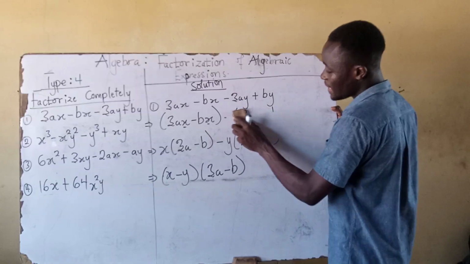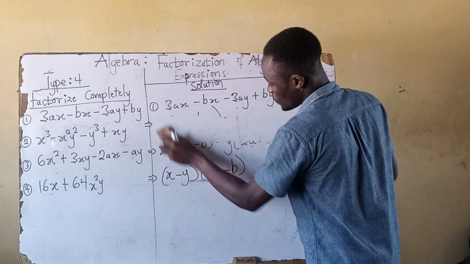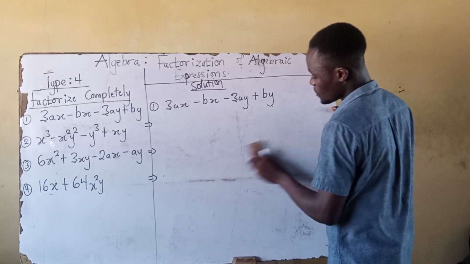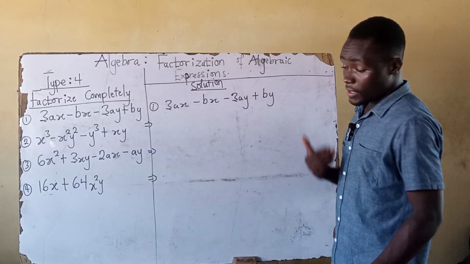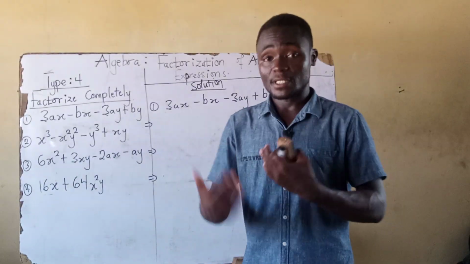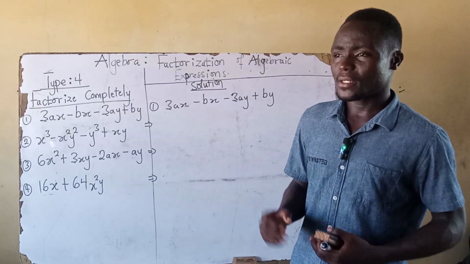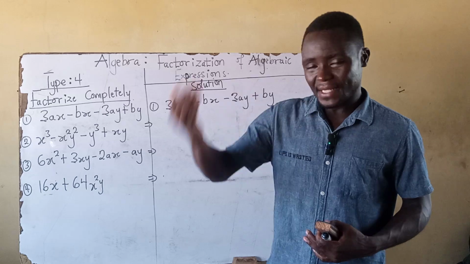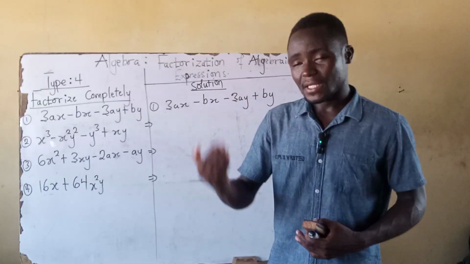So let's get started so that you understand what I am trying to say. I'm going to employ the idea of regrouping here, and I should make sure that the individual terms have something in common.